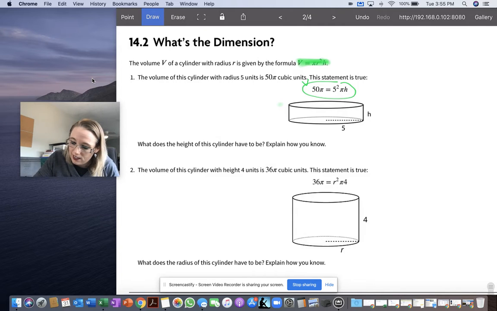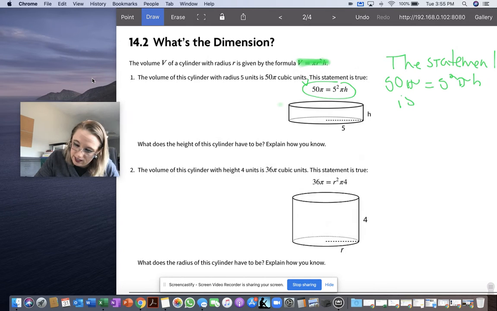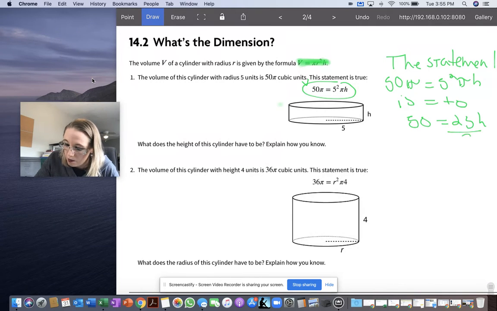So you could say the statement 50 pi equals 5 squared pi h is equal to 50 equals 25h. And then you're going to divide by 25, and h is going to equal 2.